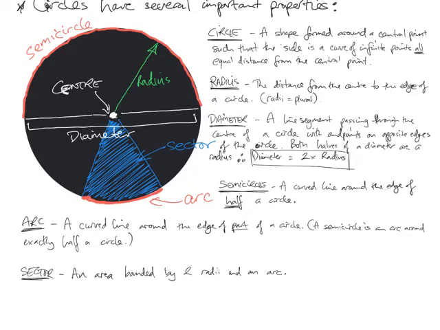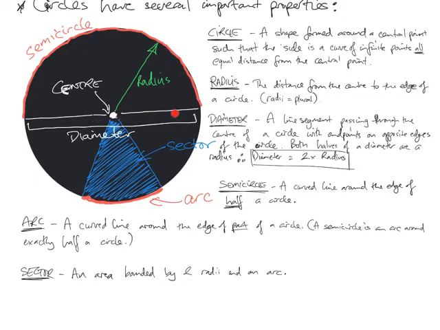Now a radius is the distance from the center to the edge of a circle. For example, this green arrow here, center to the edge, is a radius. The diameter is a line segment that passes through the center of a circle. So the center's here, and this white line we're talking about has endpoints on opposite edges.